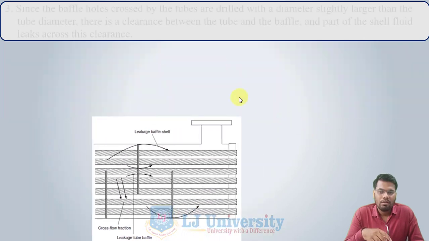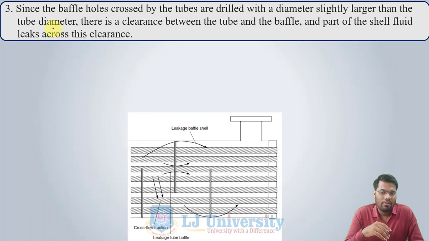The third reason is that the baffle holes are crossed by the tubes. We know that all the tubes cross the baffles. The baffles have holes slightly larger than the outside diameter of the tubes. So there is a clearance between the outer surface of the tube and the inner surface of the baffle, and part of the shell fluid leaks across this clearance.